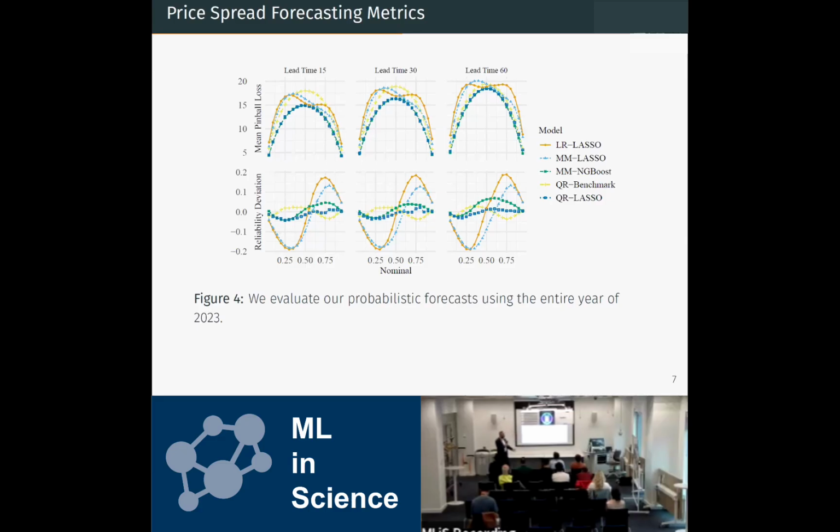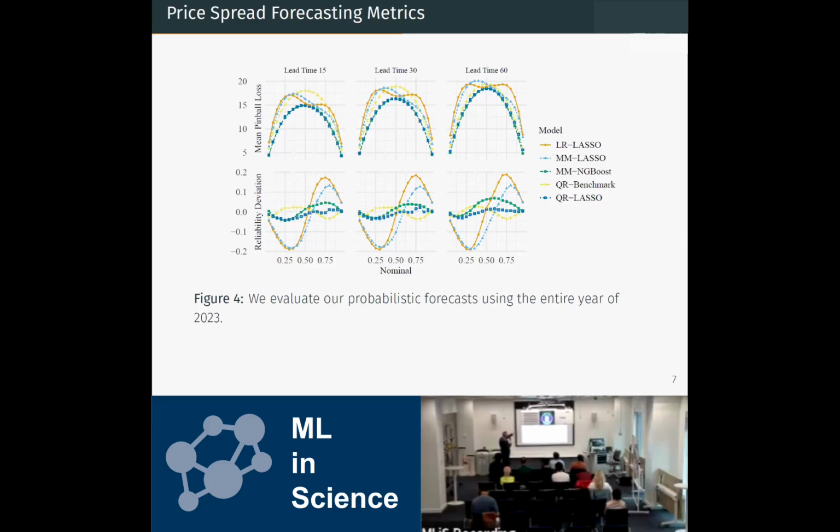And of course, we use quantile regression because it is named the state of the art in our case, electricity price forecasting. Quantile regression models won a lot of forecasting competitions in the past, GEFCom 2014, if I remember right.